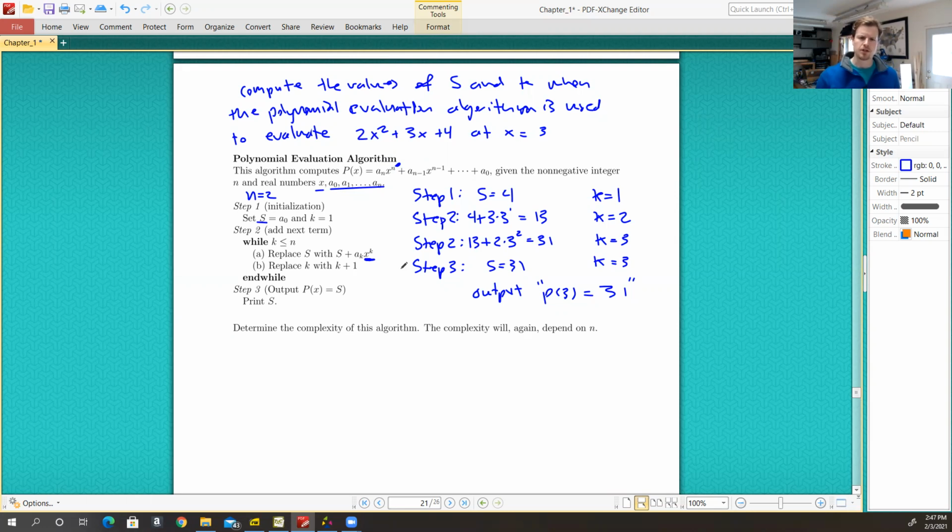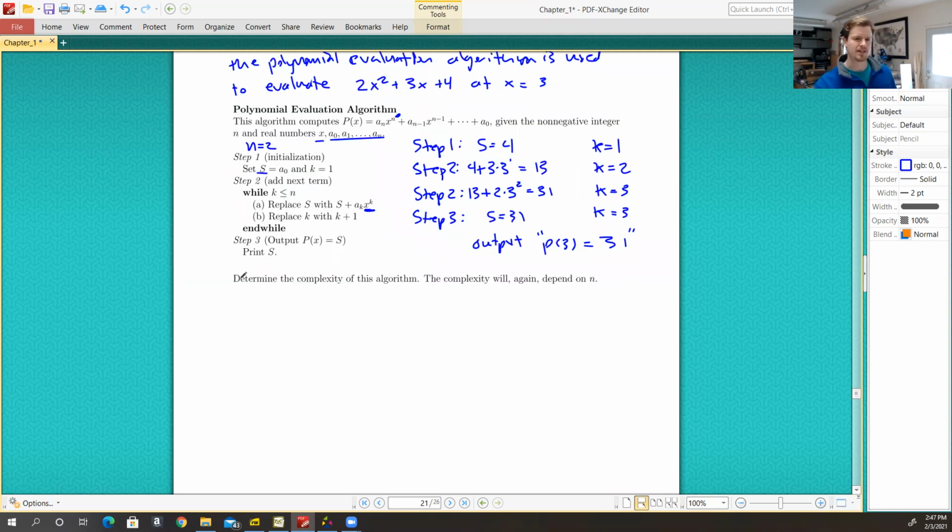Excellent. So let's determine the complexity of this algorithm. So this one is a little bit strange. The easiest way to think about this is what happens in each loop and how many times each loop is executed.